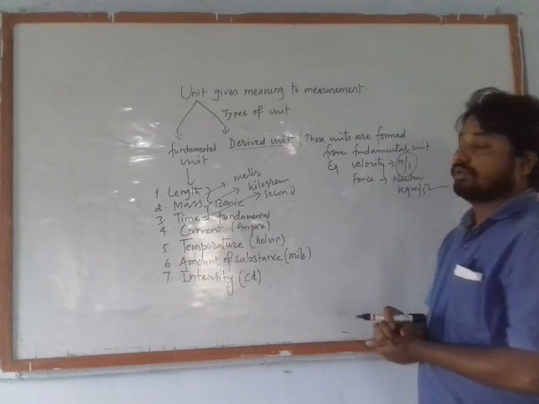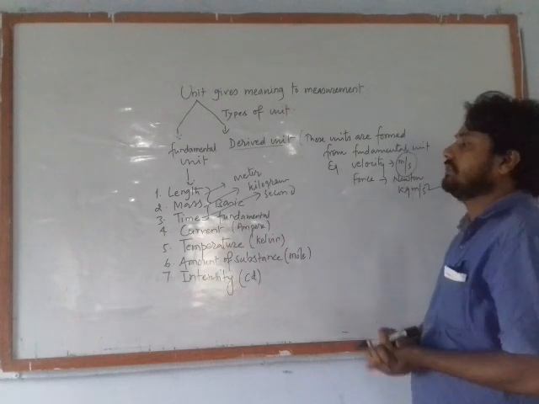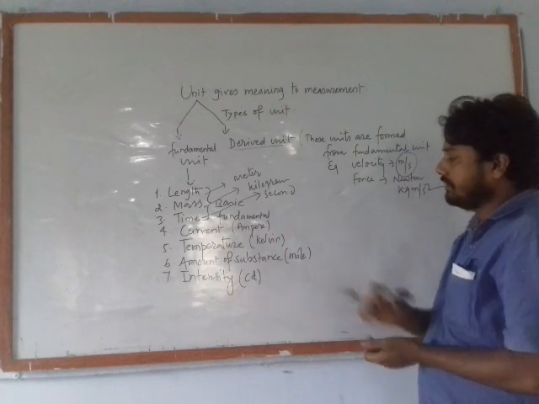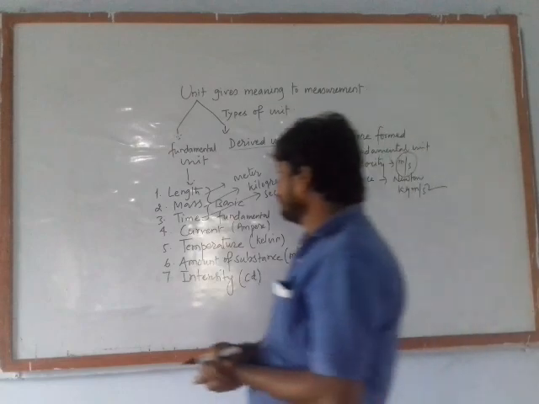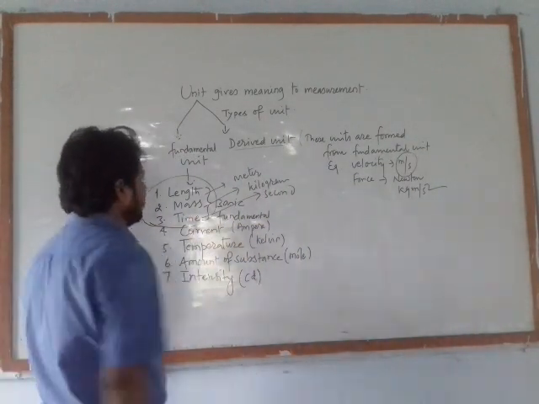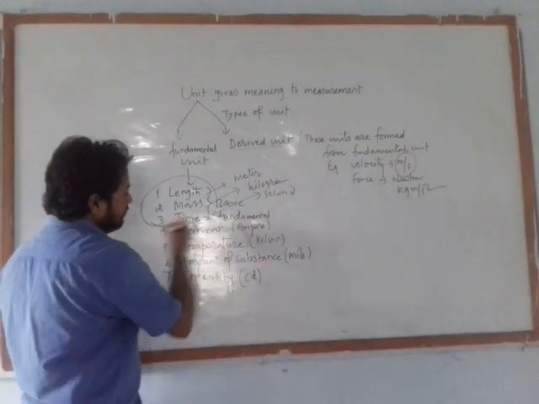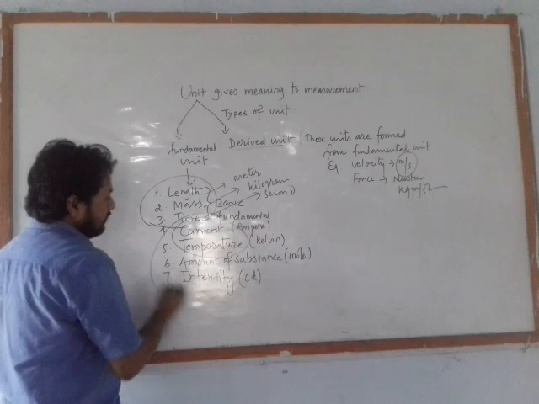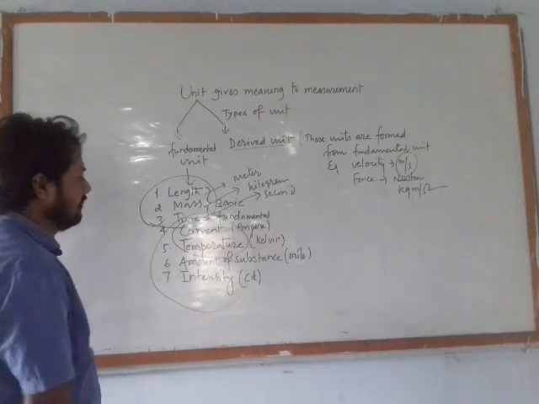And there are also the fundamental units, but fundamental units are very limited. The limited fundamental units are 7. And apart from these 7, you can see these 3 units repeatedly coming: mass, length and time. Then later on you will get current and temperature, and then you will get all 7 fundamental units.